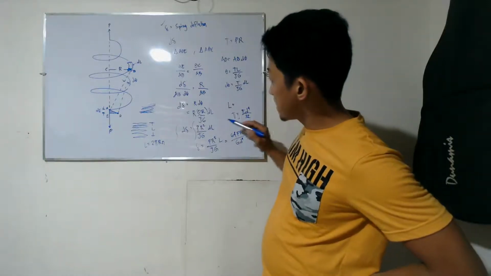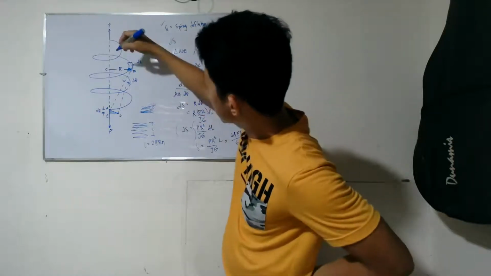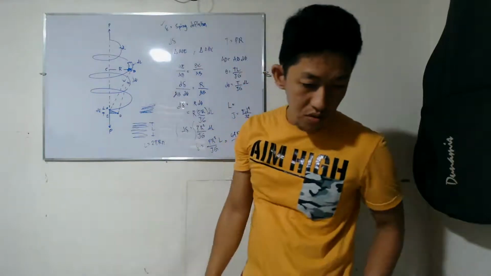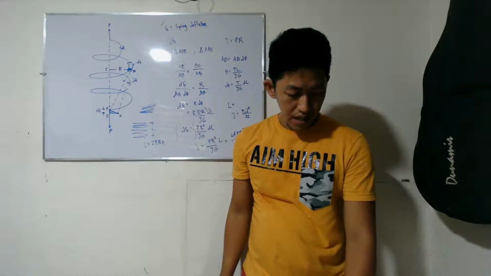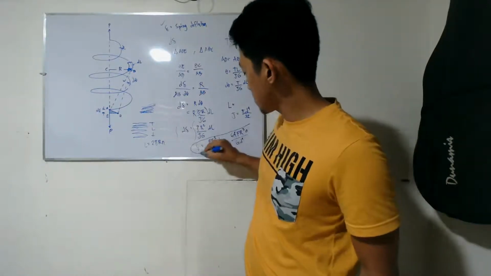Again, this d is the diameter of your wire. So this is your equation.